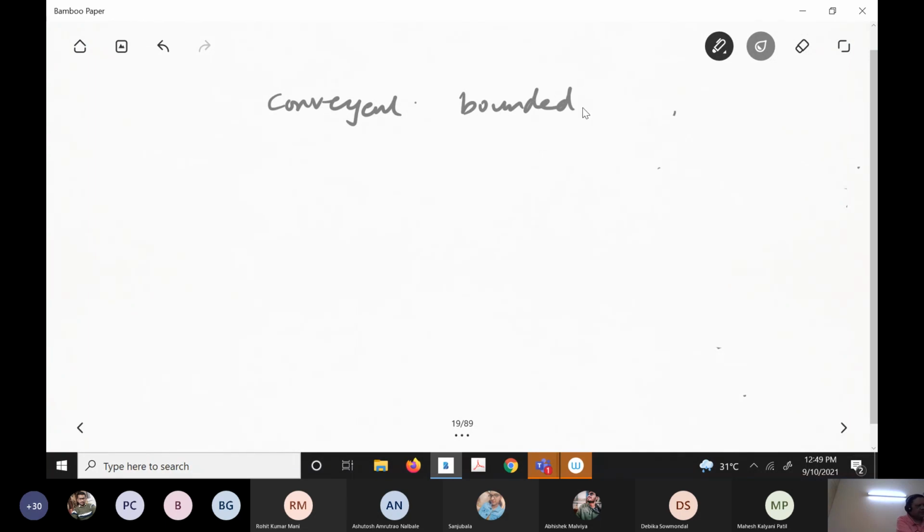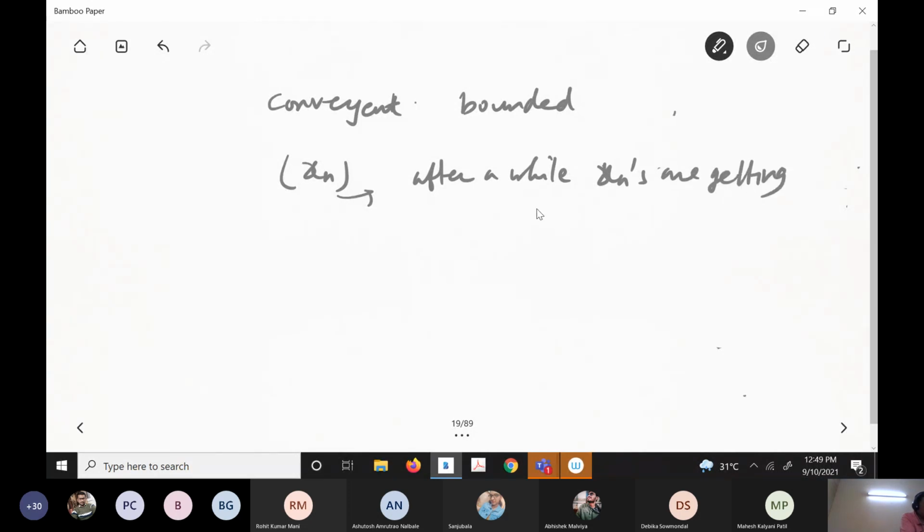Now look. Suppose you have a sequence. I do not know whether it is convergent or not. But I have something: after a while, the members are getting close to each other.